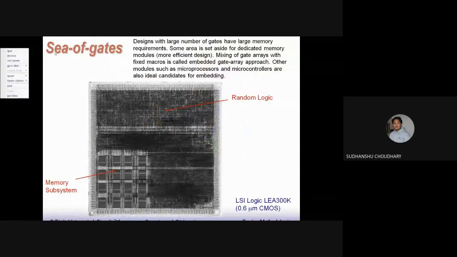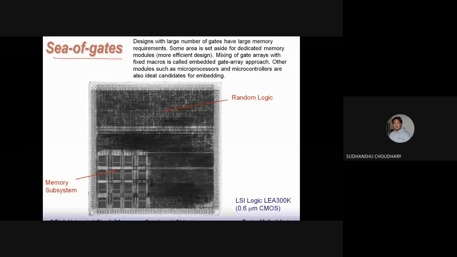Now, while designing the sea of gates, one has to also think of having a separate area for memory. Suppose somebody is trying to utilize this sea of gate approach to implement some chip or some function. Then obviously, depending upon the complexity of that function, the memory requirement is also more.